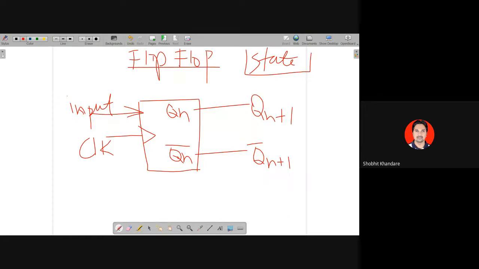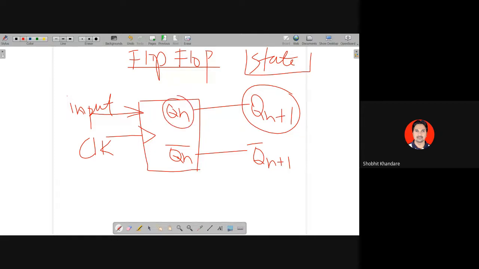Now your flip-flop will come under the sequential circuit, and as per the definition of a sequential circuit, we know that your output depends upon the input as well as the past output. Now here, if I am saying that Qn plus 1 is the present output, then Qn is the past output.